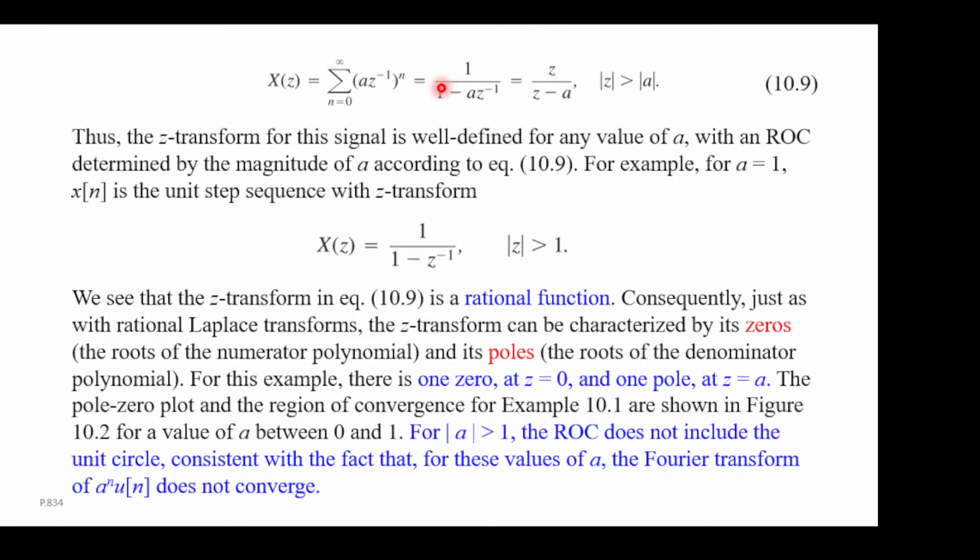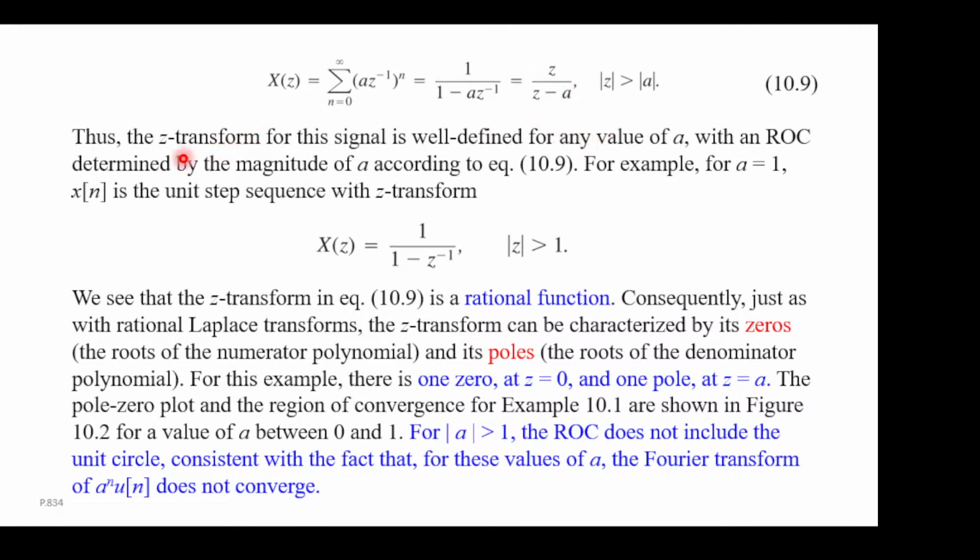And well, it's not as nice as the Laplace transform one, unfortunately. In the Laplace transform, we just have 1 over s plus a, right? It's not as clean, it's 1 over 1 minus a z to the minus 1. Okay, so it's a little more ugly, but it's still a rational function, and that's nice.